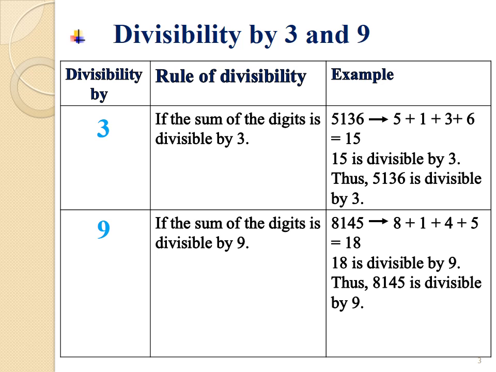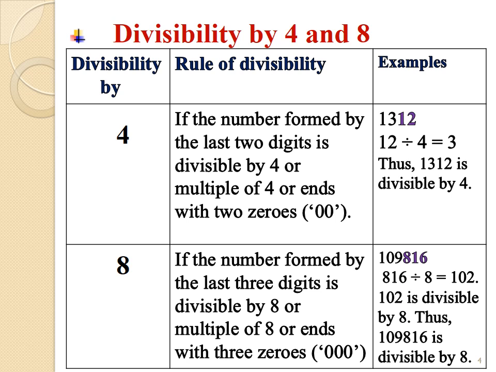Thus, adding 8, 1, 4 and 5, we get 18. 18 is divisible by 9 or 18 is a multiple of 9. So, 8145 is also divisible by 9. Students, thus we can say that tests for 3 and 9 are similar.